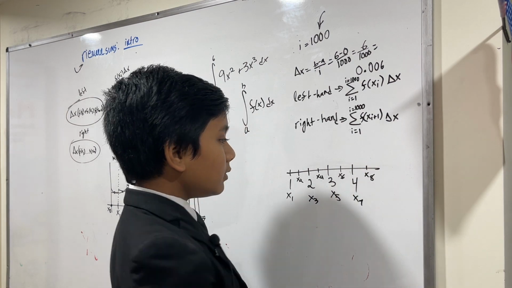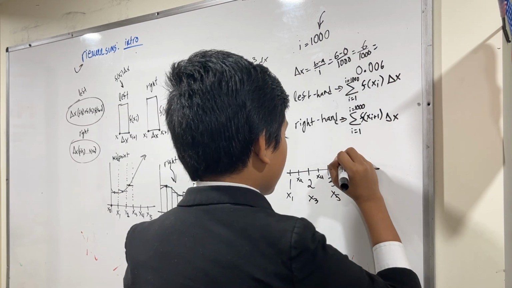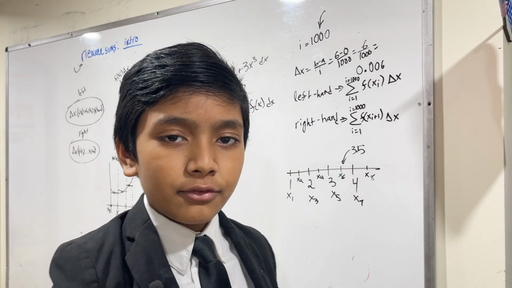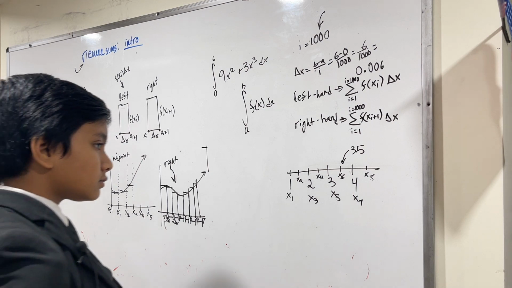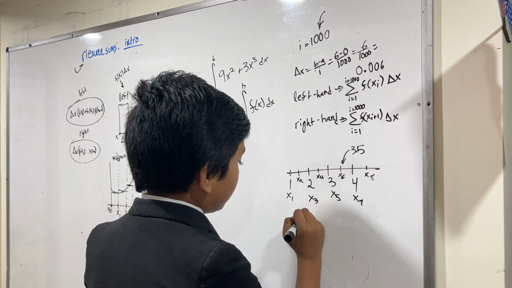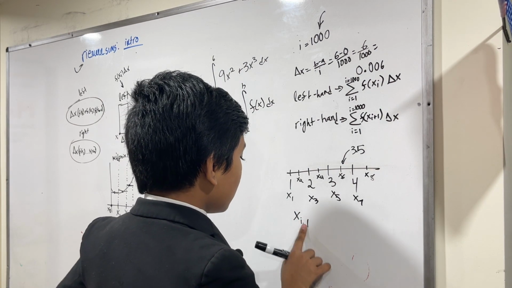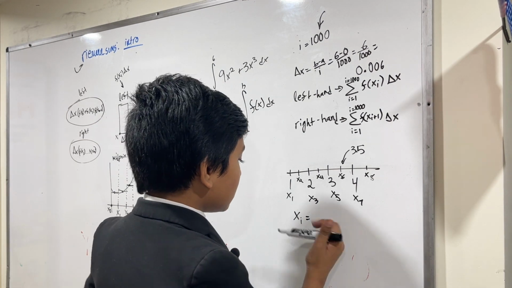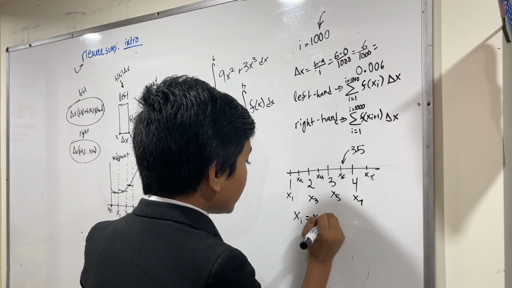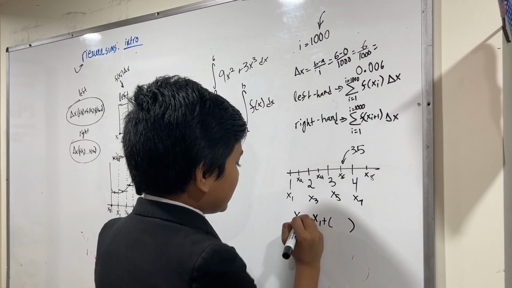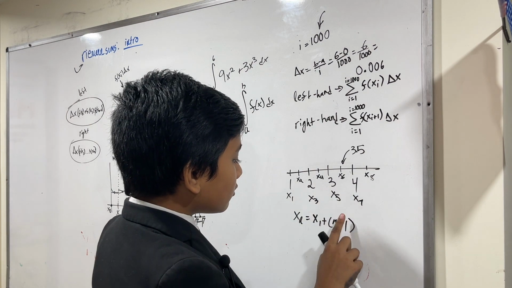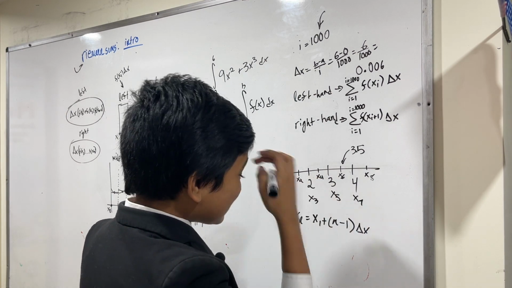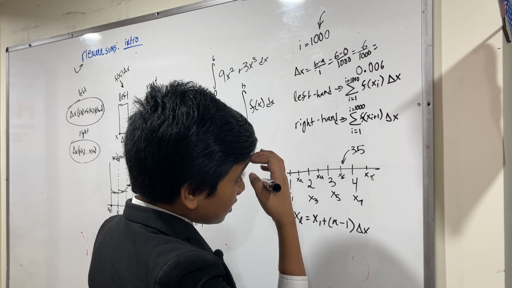It would be pretty clear by just reasoning that, for example, x6 is 3.5, but what if we wanted to find a general formula? Well, to find x sub n, since it's any number, we take the formula x1 plus n minus 1 times delta x. I believe so, anyways. Yeah, I think so.